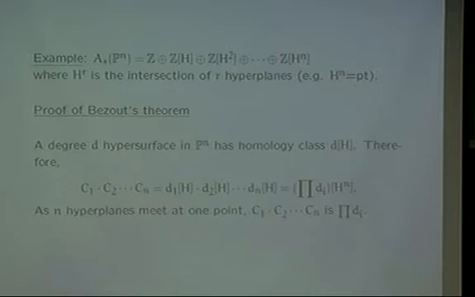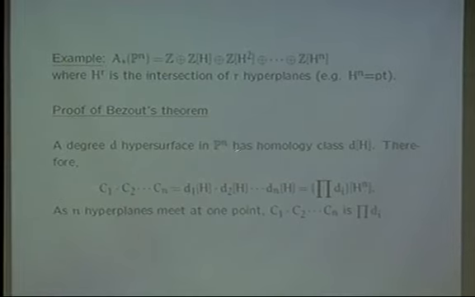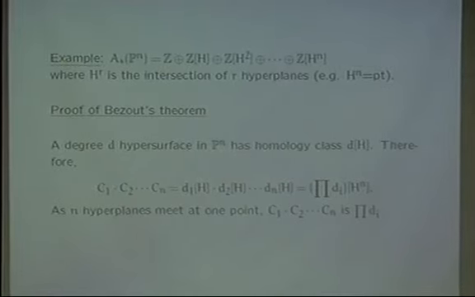So now I can prove Bezout's theorem, this very easily. If you have a degree d hypersurface in P^n, this degree d hypersurface has Chow homology class d times H, the hyperplane class, because you can continuously deform any degree d hypersurface into the union of d hyperplanes.